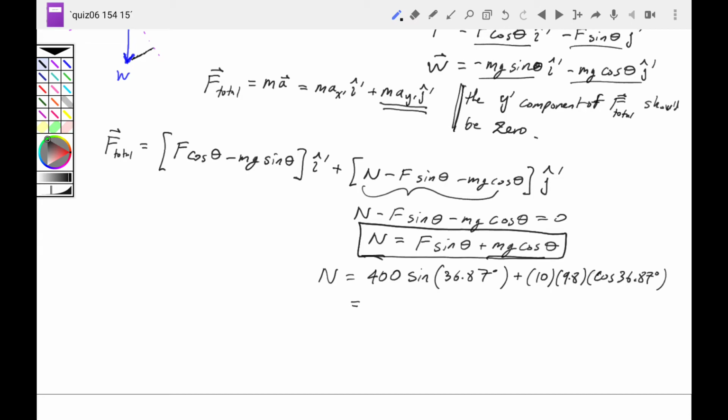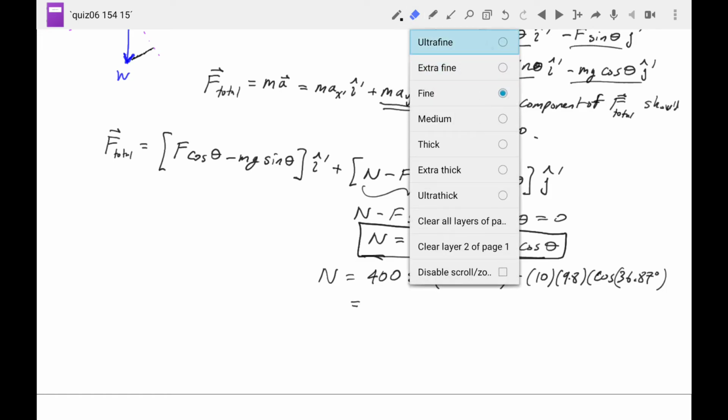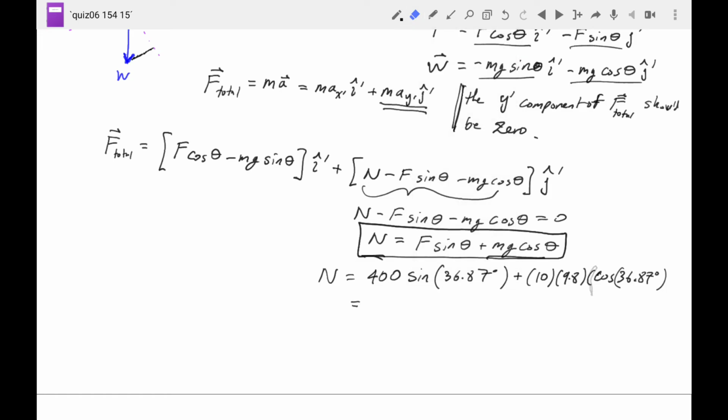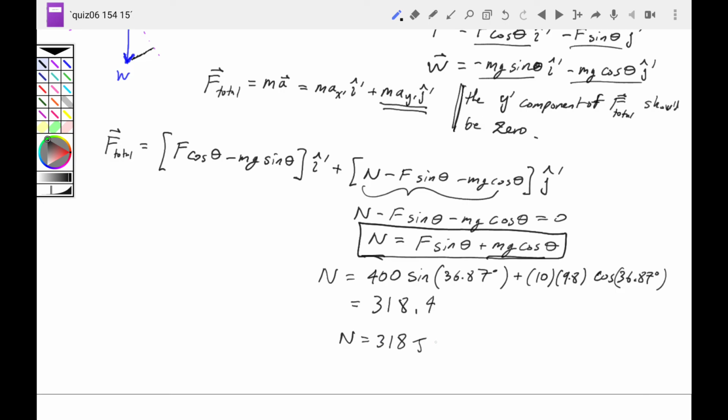Not really consistent with my parentheses. All right. 36.87 sine times 400 plus 10 times 9.8 times 36.87 cosine equals 318.4, and is equal to 318 joules, or newtons.